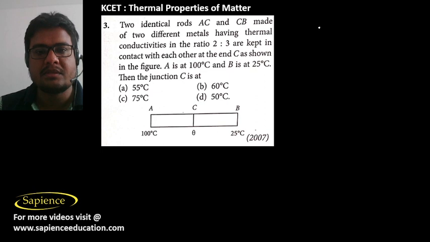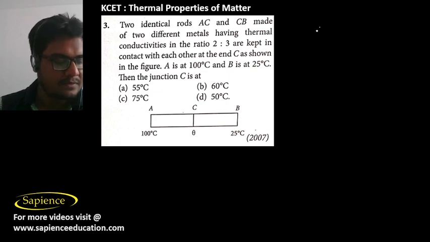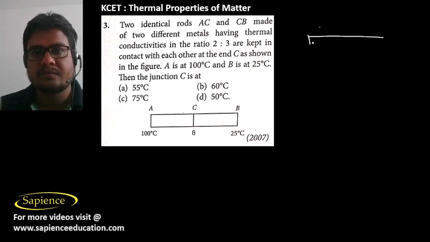So their thermal conductivity... identical rods means their length is the same and the area of cross section is also the same.